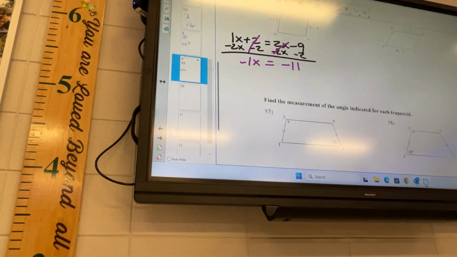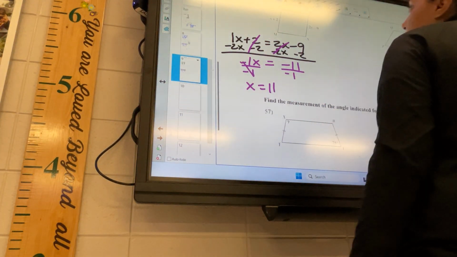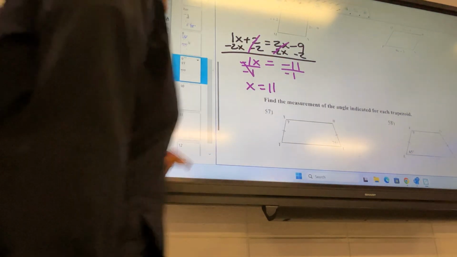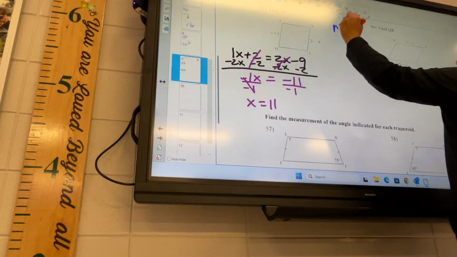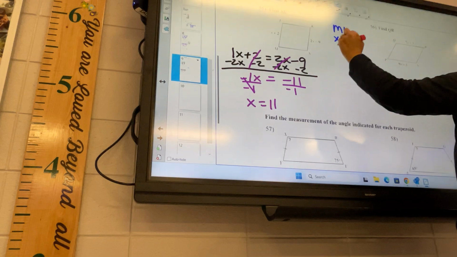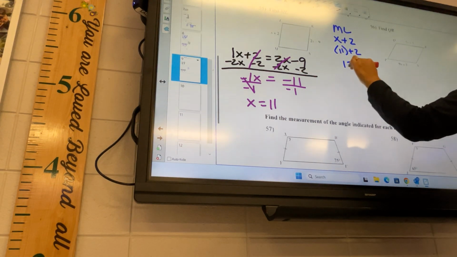Divide by negative 1. So we get X equals 11. Do we stop or plug it back in? Plug it back in to which one? The X plus 2, okay? So it says plug it back in to ML, which is X plus 2. So that's going to be 11 plus 2. It's going to be 13.